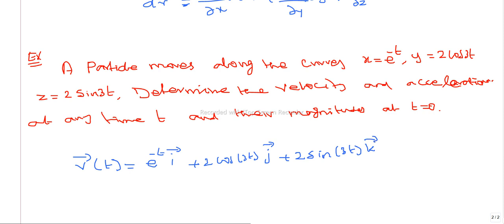So velocity is nothing but we have to differentiate r with respect to t. So that is dr by dt. So dr vector by dt, you have to differentiate term by term.